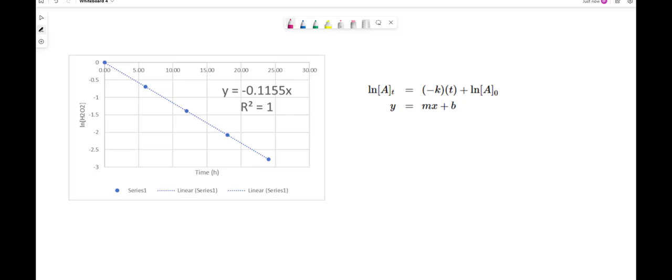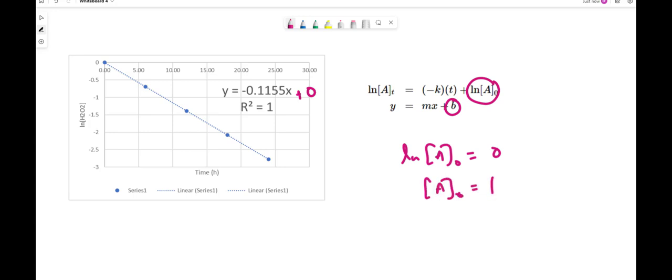So I'll move this into a space where I can write, which is a little bit easier here. As I mentioned, this term is the same as b. b here has got to be 0 because it doesn't exist. So that means the natural log of A naught has got to be 0, which means that A naught is 1 if we took the exponent on both sides. It's 1 molar, and we knew that already, but if we didn't, we just figured it out.